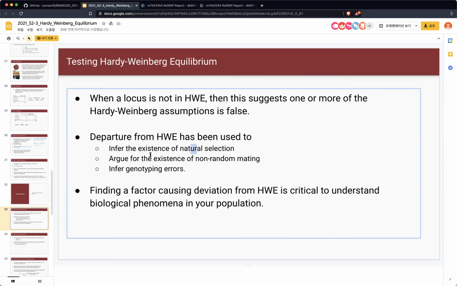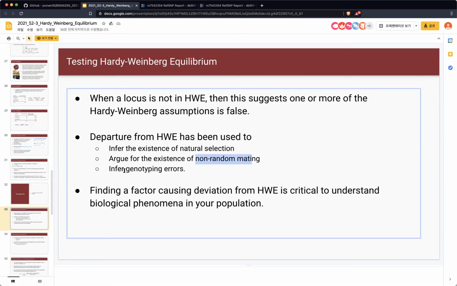So if it is not in Hardy-Weinberg equilibrium, we can easily think that there must be natural selection. And then we can also argue the existence of non-random mating, right? In some animals or humans, we don't do random mating. We really want to choose who we marry, right? So non-random mating.